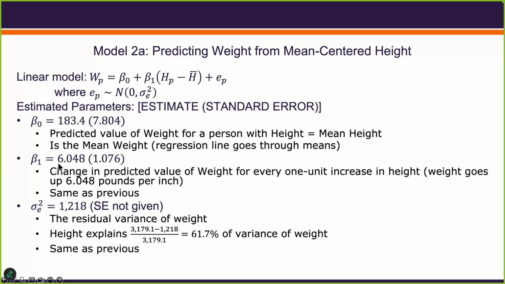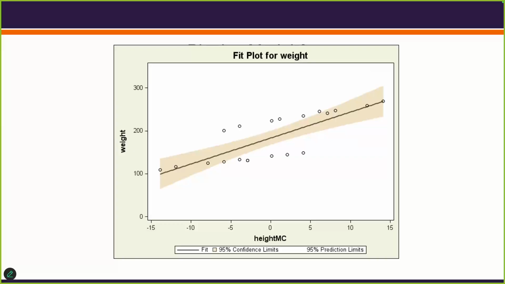Again, the slope is unchanged, the standard error of the slope is unchanged, and the residual variance is unchanged. So centering doesn't change anything but the intercept in a model without interactions. But if we center with interactions, that changes the main effects and the intercept. So this is foreshadowing needing to center for interactions a little bit better.